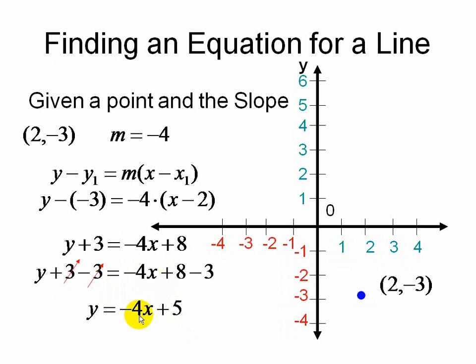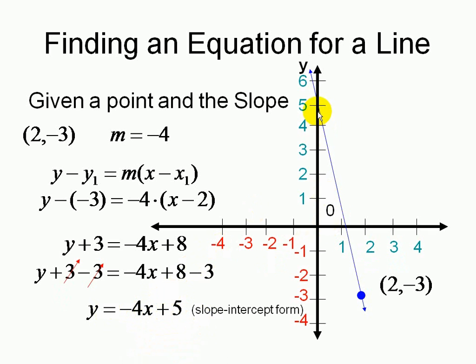Based on this form, we recognize that this is the slope-intercept form, where m is -4 and b is 5. Okay, so this is the slope-intercept form. So let's just check real quick. When x is equal to 0, y is equal to 5.